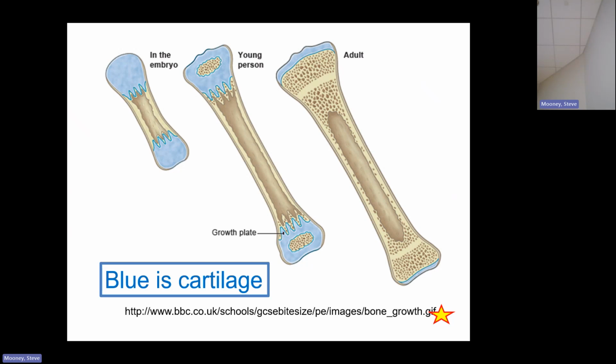That's in utero, an embryo, fetus. We have a young person here, and then we have an adult over here. If we take the blue as cartilage, we have something that's not yet ossified. We haven't put the inorganic components in and made that rigid.